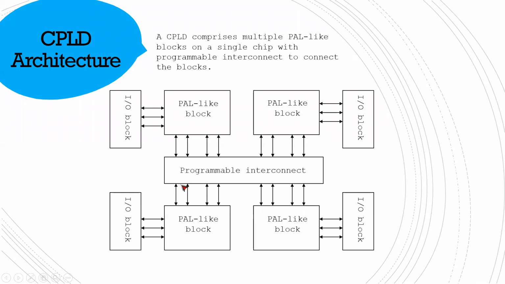Previously, showing an output here by using these inputs was impossible. Since you have a programmable interconnect, you take the input from there and send it there as output. So now you are giving input here and getting output from here.